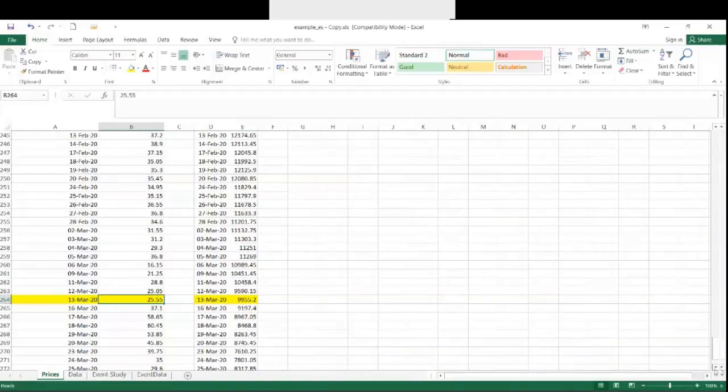On 13th March 2020, there was a notification by the Bombay Stock Exchange that Yes Bank will be removed from all the BSE indices. Because it had a very high market cap and it was representing a good and liquid form, Yes Bank was included in the major BSE indices. So 13th March was the day when the stock exchange announced that it will be removed.